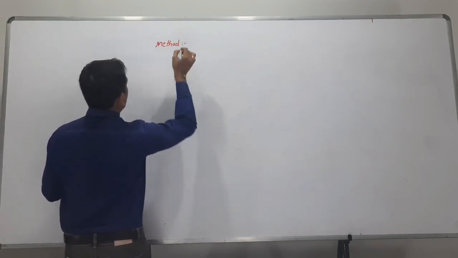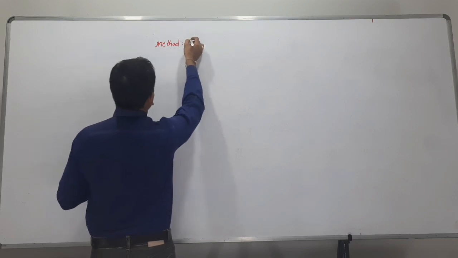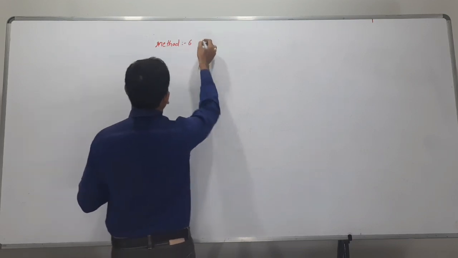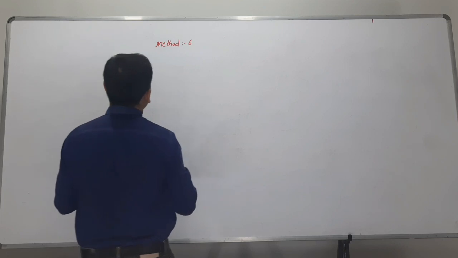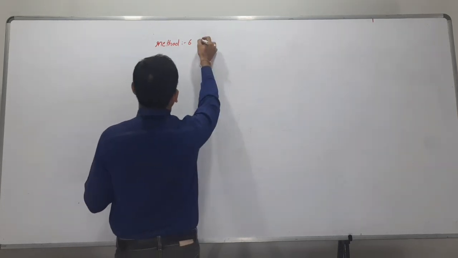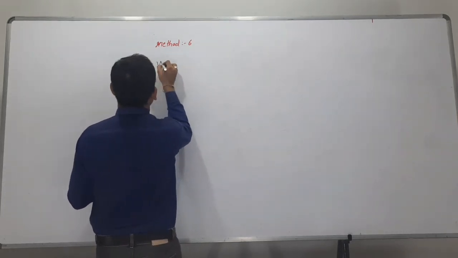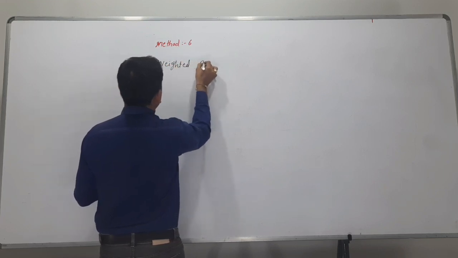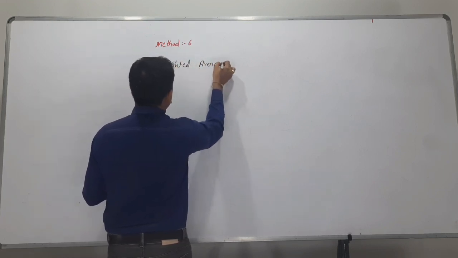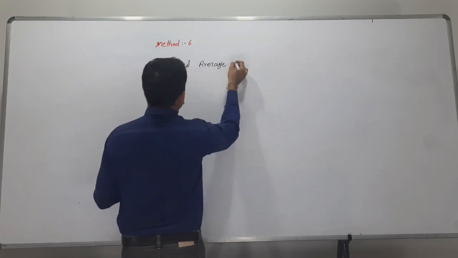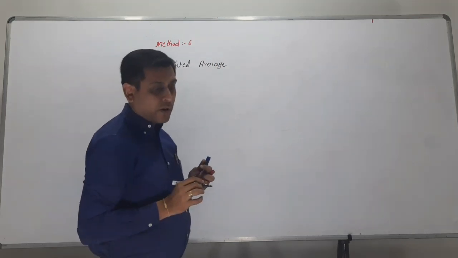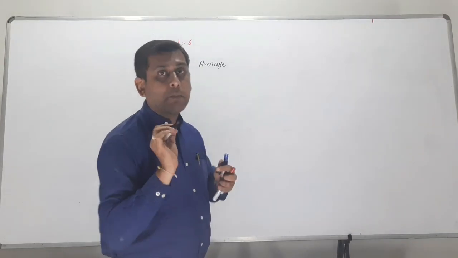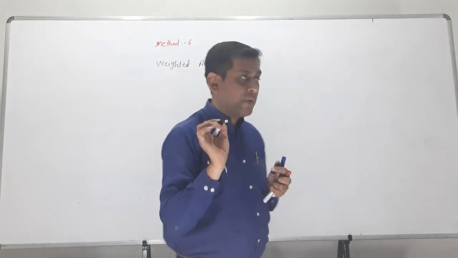Please write down in your example book, method number 6: index number by the weighted average method.